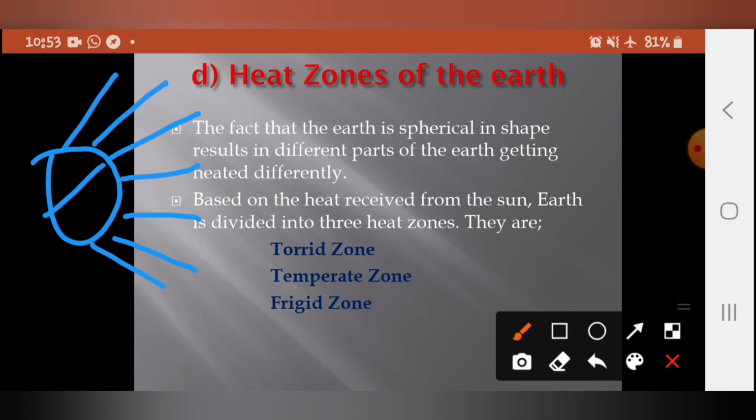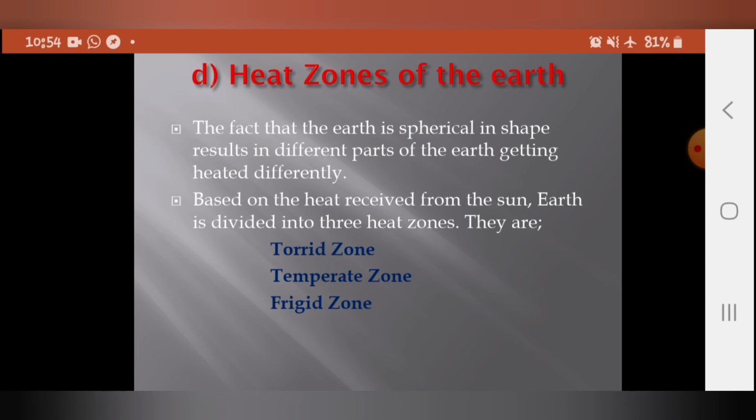This is the equator, where the sun's rays fall directly and these regions get very hot. These other places get slanting sun's rays, so the heat will differ in those regions.